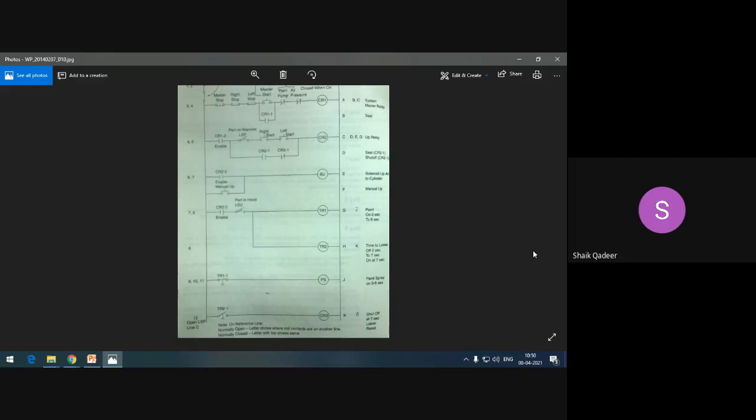If you understand this, it means you understand the process of making a ladder diagram, and you have successfully completed that with the help of a real time example. So I request you to proceed with your project also in the same way, if some of you are doing a project based on PLC.